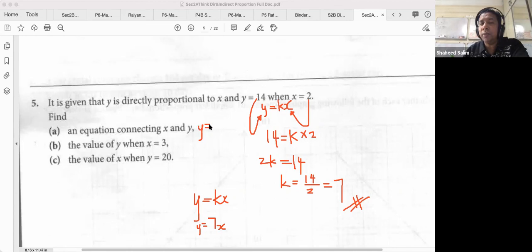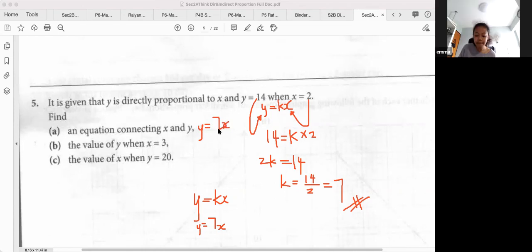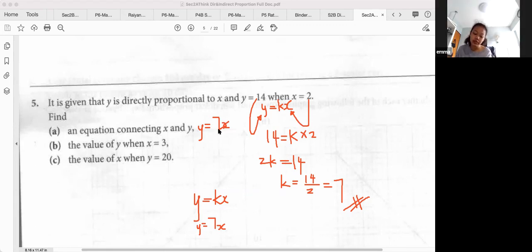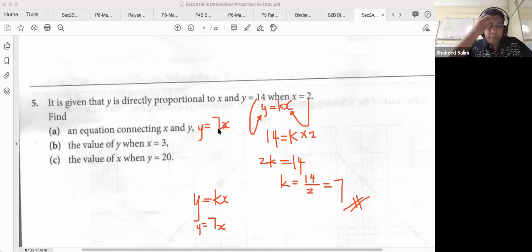Now, once you know this equation, you can find out B and C. Can you find out B and C, like the earlier questions? Y equals to 21, yes.